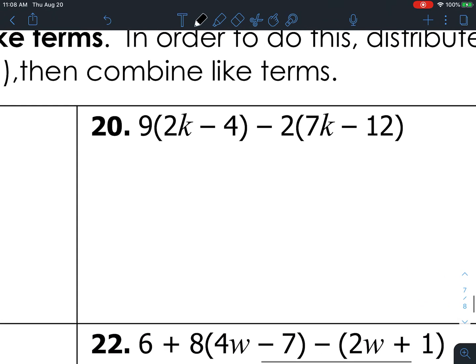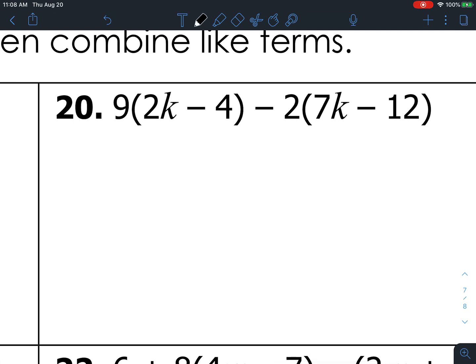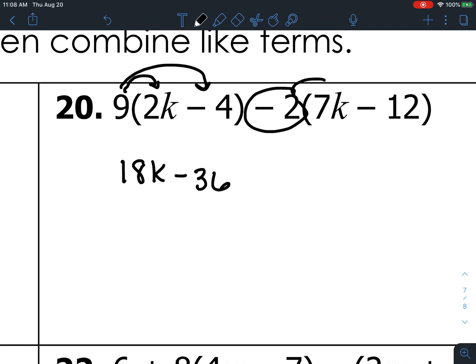20 is now requiring you to distribute twice and then combine. So I'm going to distribute my 9 to everybody inside, so it'll give me 18k minus 36. And now I'm going to take this negative 2 and distribute again to everybody on the inside, make sure you take that number in front. Negative 2 times 7 is negative 14k.